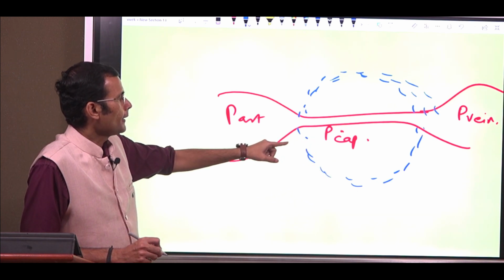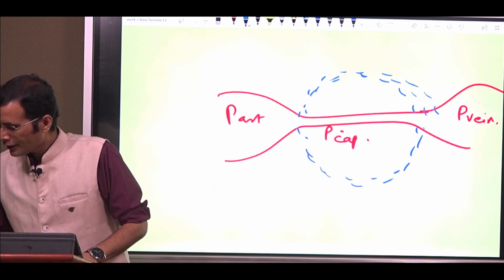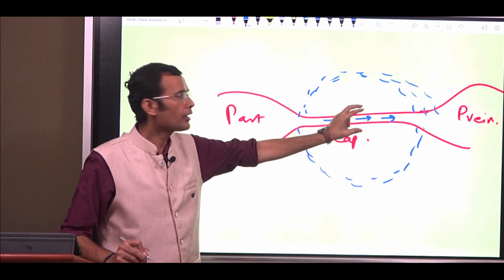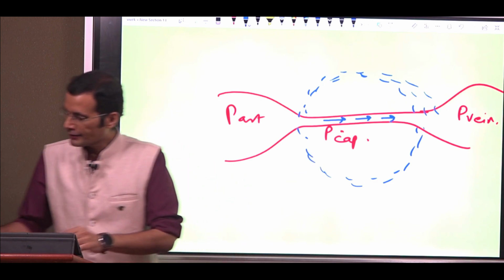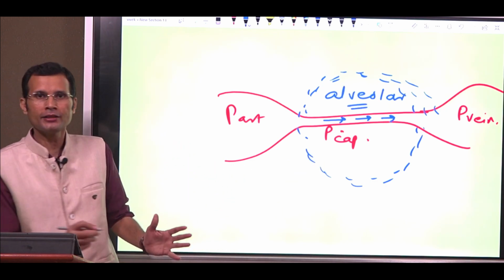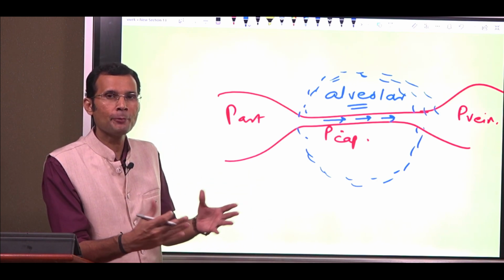Okay. Now, this is a blood vessel. If the pressure in the vessel is less and the surrounding alveolar pressure is higher than that, then what do you expect? What will happen?